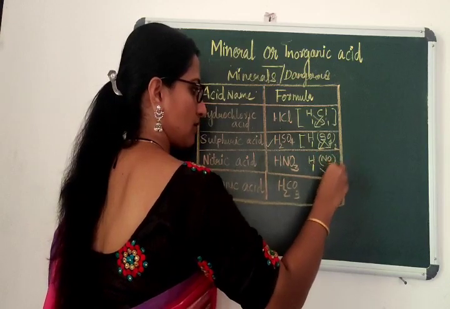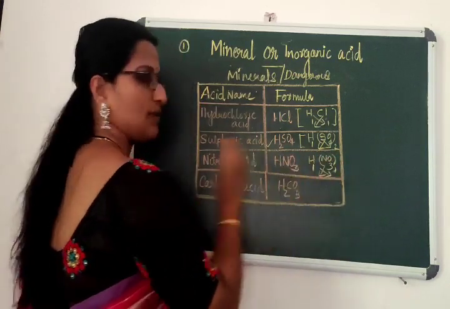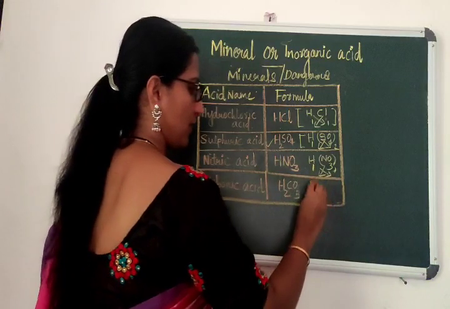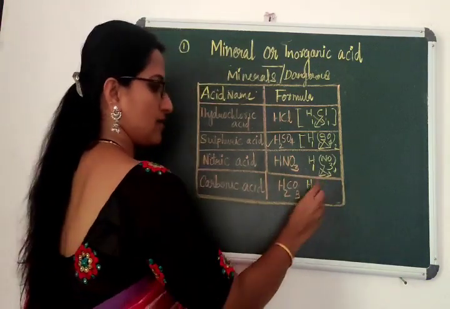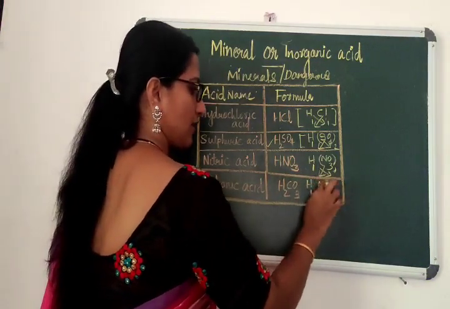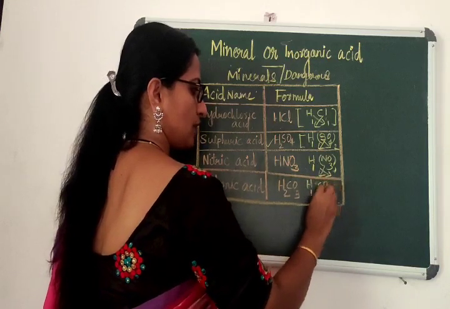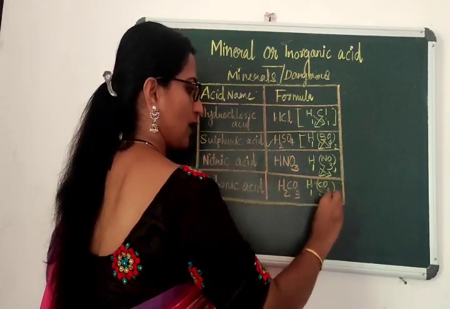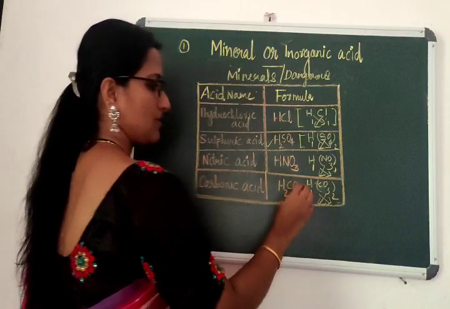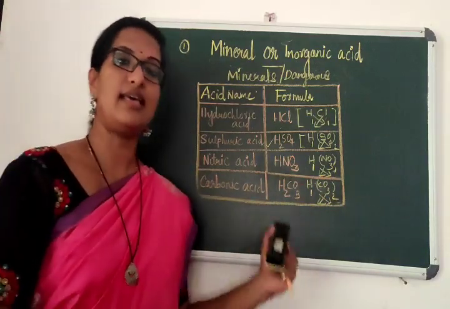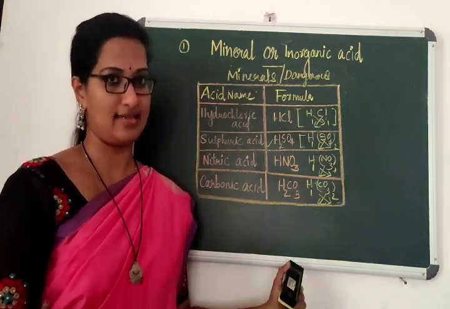So when you crisscross, you get HNO3. For carbonic acid, the valency of hydrogen is 1, the valency of carbonate is 2, and when you crisscross, you get H2CO3. These are the examples of mineral acids.